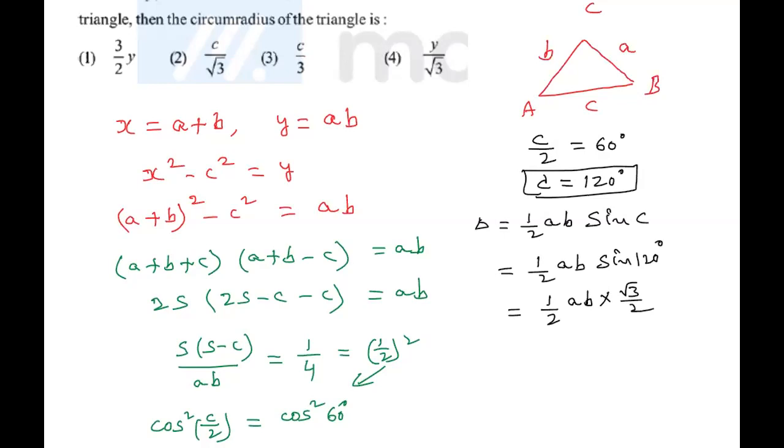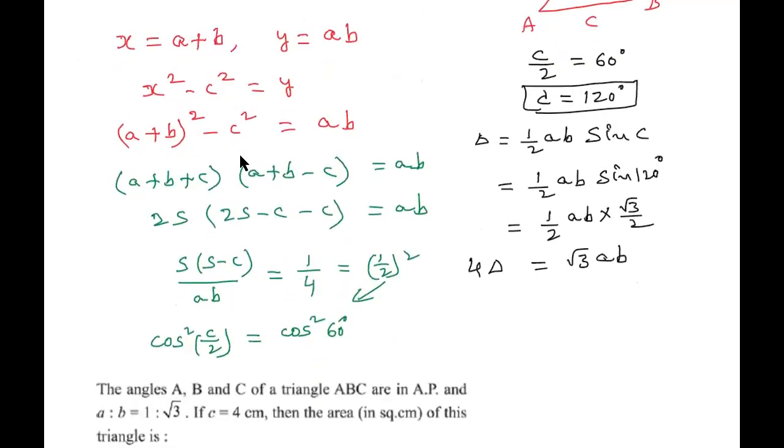Sine 60 is root 3 by 2. Now, finally, what is the delta value? Delta value is root 3 AB. Okay, but we need to find the circumradius. What is the circumradius formula? That is capital R is equal to ABC by 4 delta.